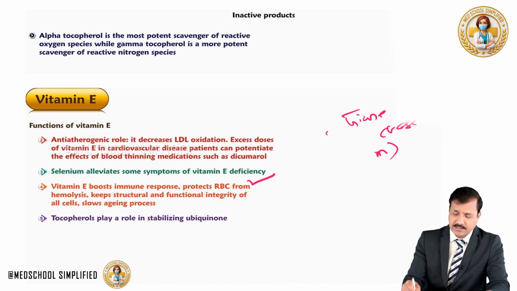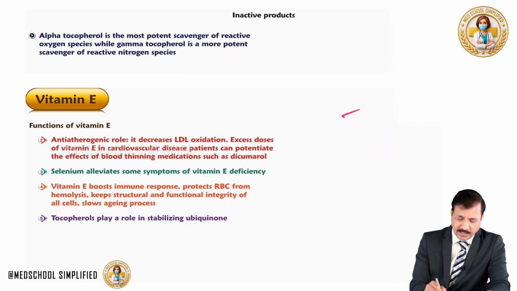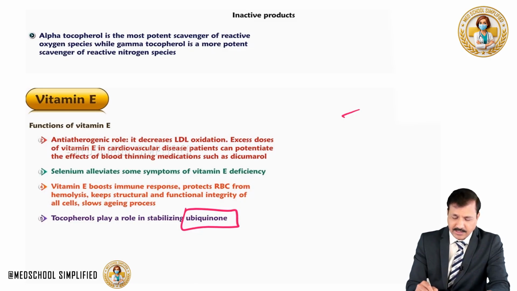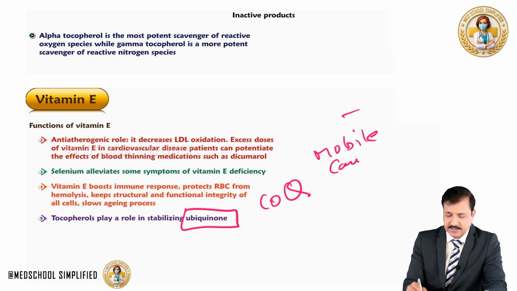And also, other than this, vitamin E is going to stabilize ubiquinone, and ubiquinone is coenzyme Q. Coenzyme Q is ubiquinone, which is one of the mobile complexes in the electron transport chain.